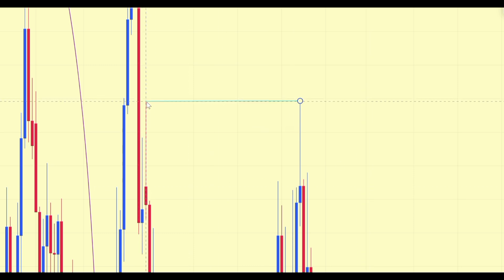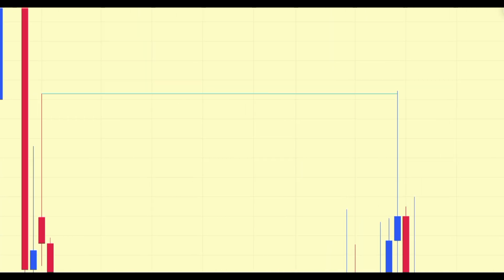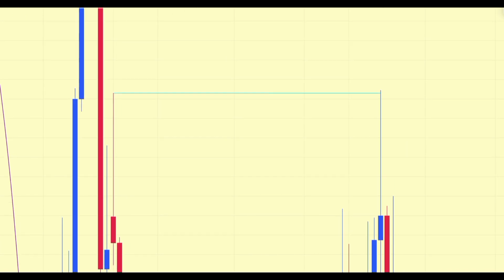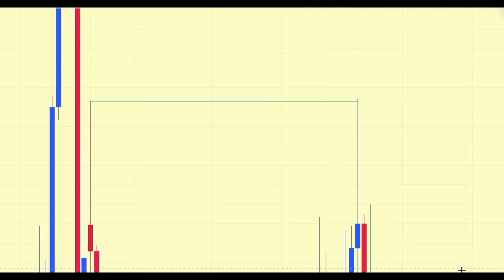You can clearly see that this here is the high, and price just wicked above and reversed. This means that it swept the liquidity that was resting above this high, this valid pullback.